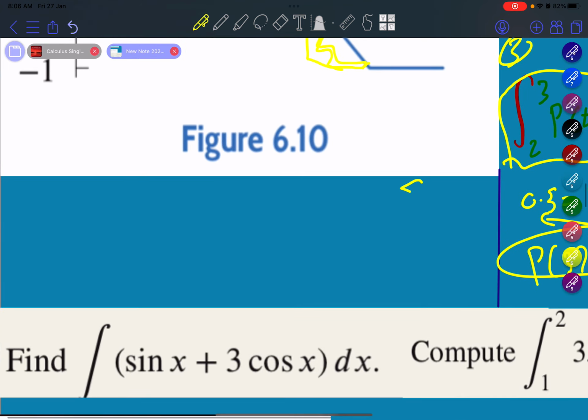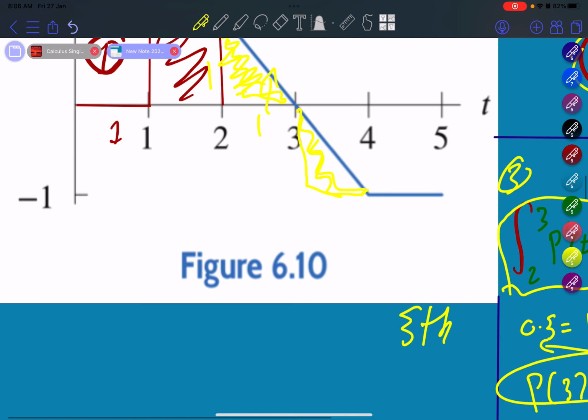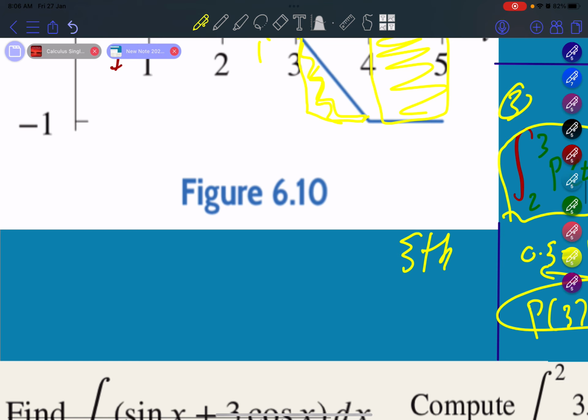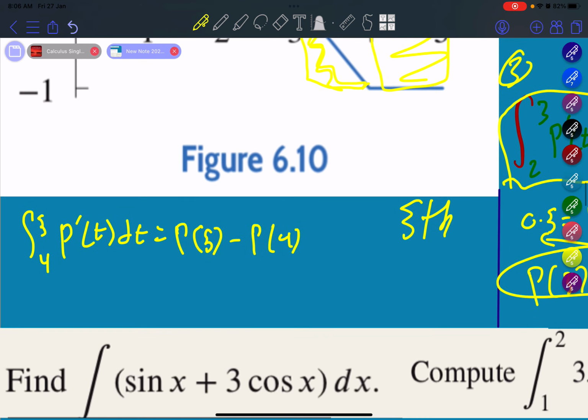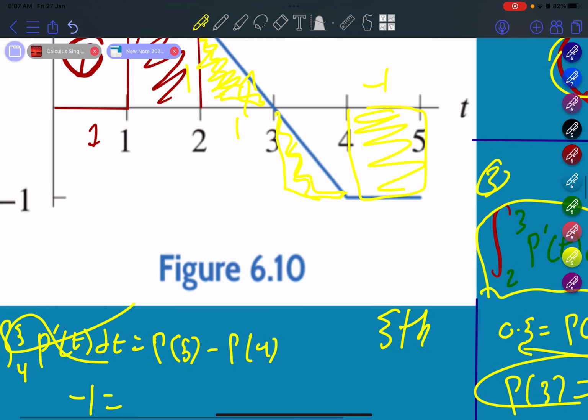Finally, fifth, it will be from 4 to 5. And this is the full block under the curve, hence it is negative 1. So if you write the integral from 4 to 5 of p prime of t dt, it will equal p of 5 minus p of 4. We delete this and put negative 1 instead, since this is the area under the curve.